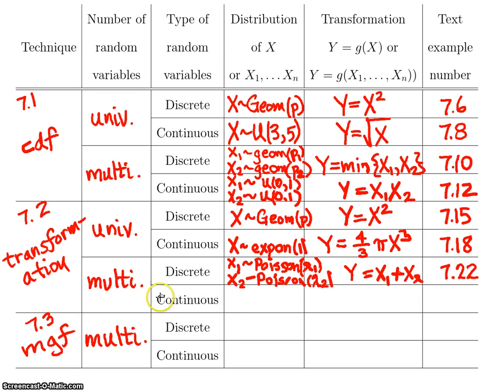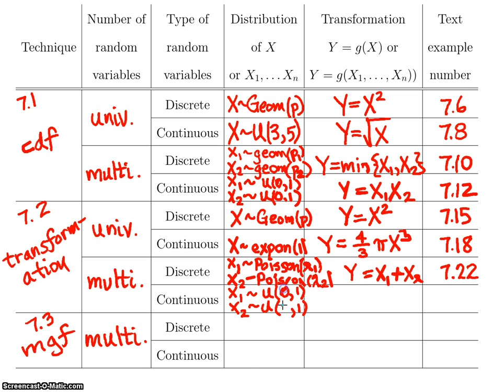Then for the continuous multivariate case with the transformation technique, the random variable X1 will have the uniform distribution between 0 and 1, and the random variable X2 will have also the uniform distribution between 0 and 1.